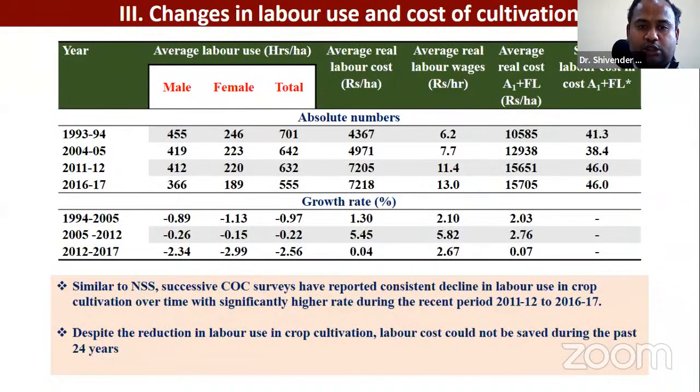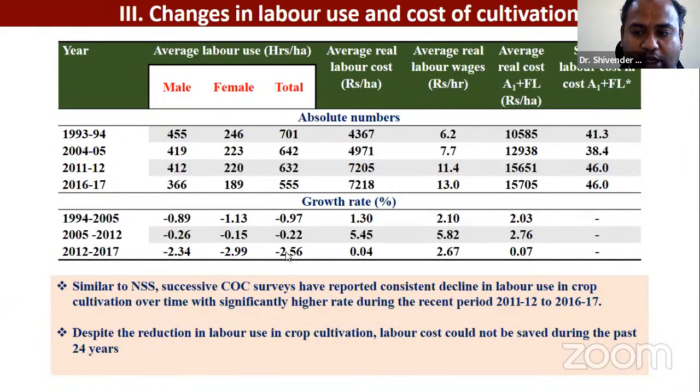The cost of cultivation data of the Directorate of Economics and Statistics says that over a period of time, both female and male labor use has declined, and the decline has accelerated at the rate of about 2.5% between 2012 and 17.